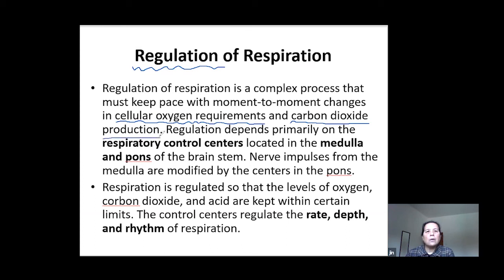So inside the body we have two control systems, but the main control system is the nervous system.